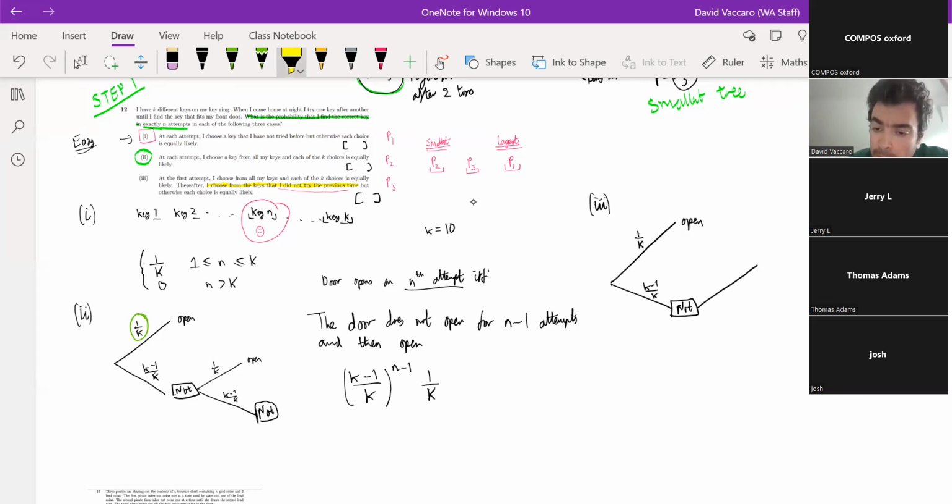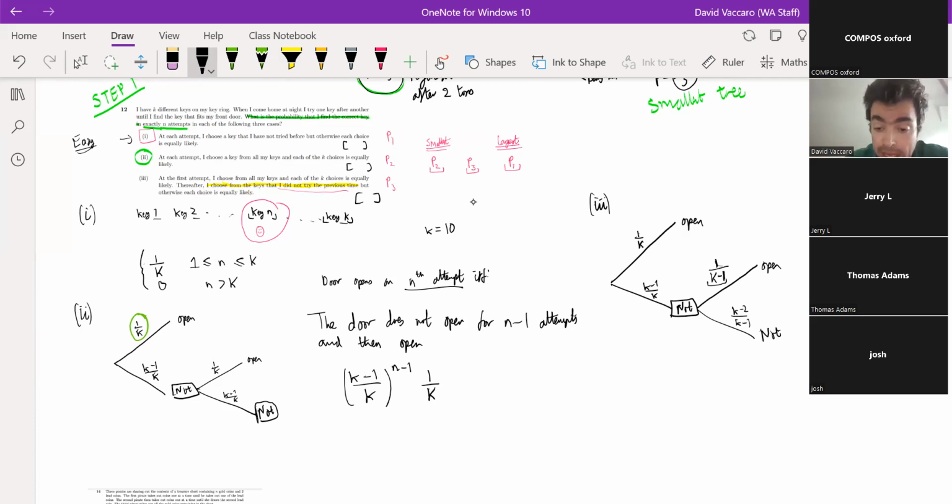So the probability of opening here is now one over k minus 1. And then the probability the door doesn't open is if he picks one of the remaining keys. So that's k minus 2 keys out of k minus 1 keys.